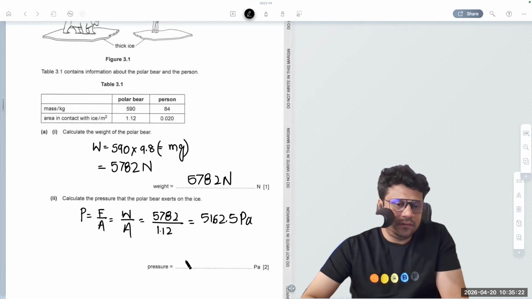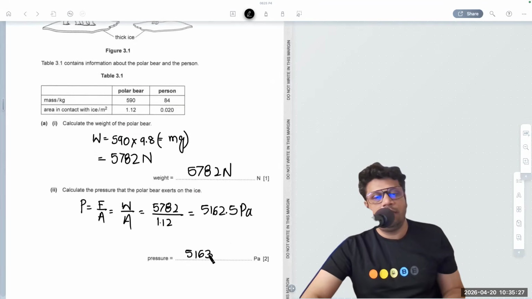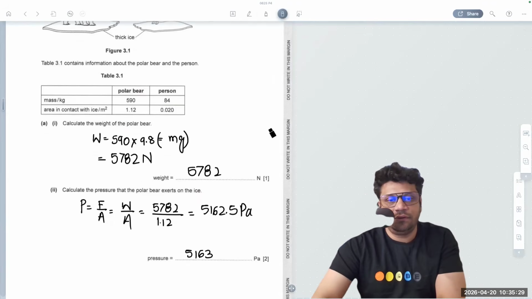I can write it as 5163 pascals. I don't write newtons two times here.